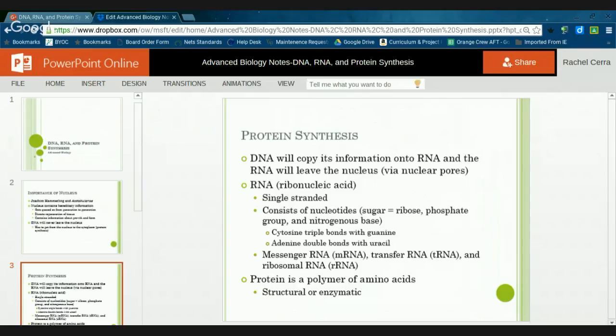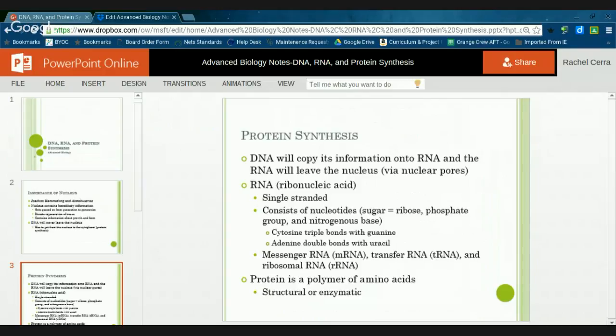Ribose implies the sugar. So their sugars are just slightly structurally different. And the phosphate group is going to be the same. You can see that attached to the ribose and the deoxyribose off to the left. It's just a phosphorus molecule with 4 oxygens to make a phosphate group.